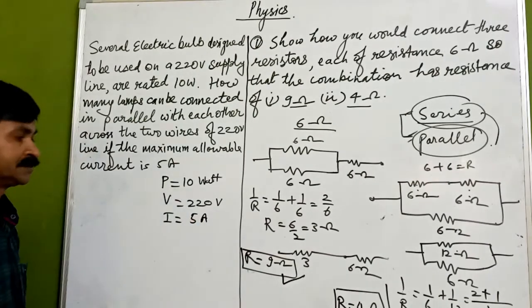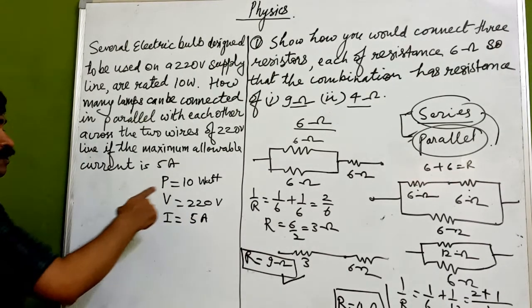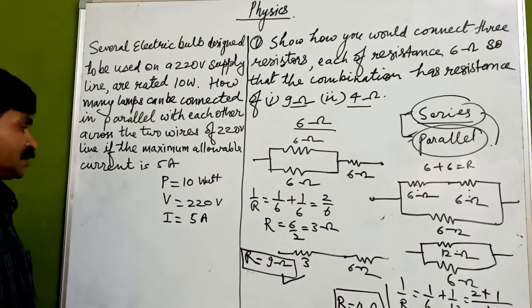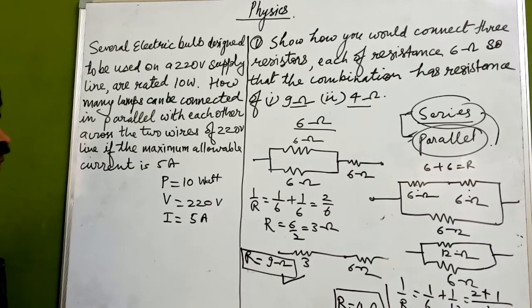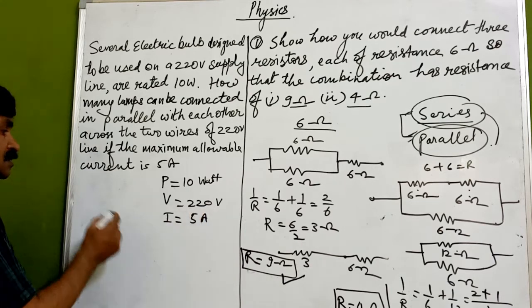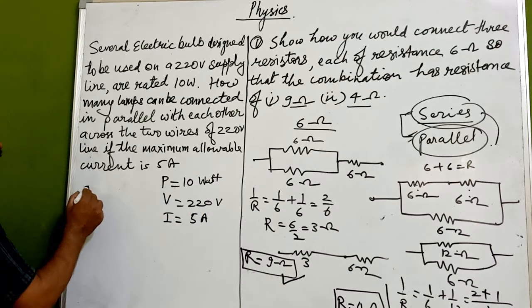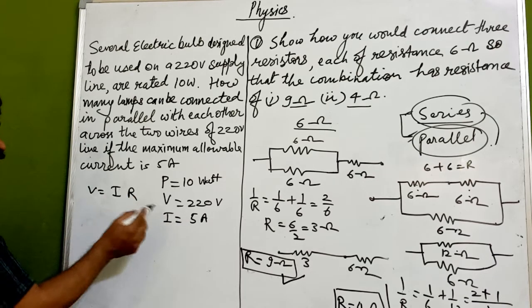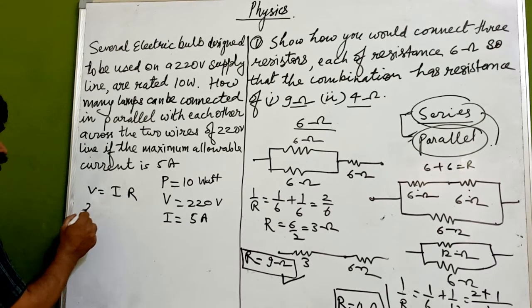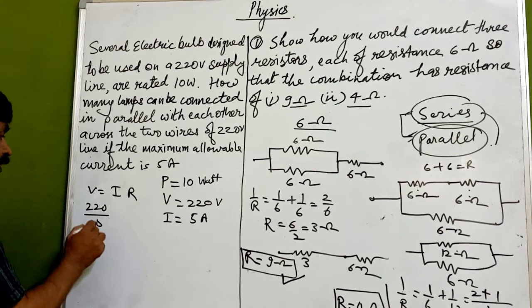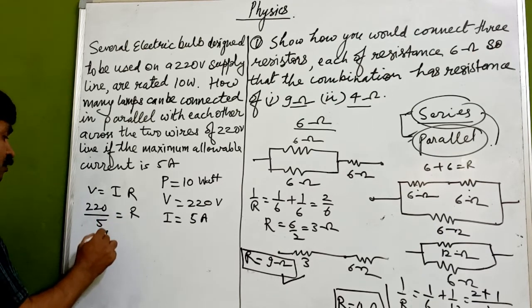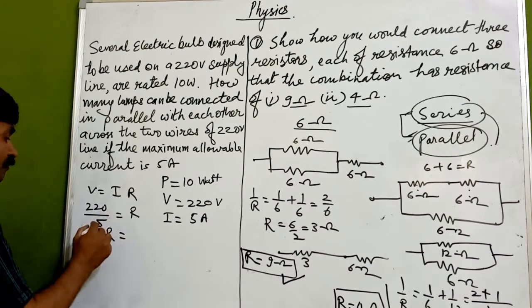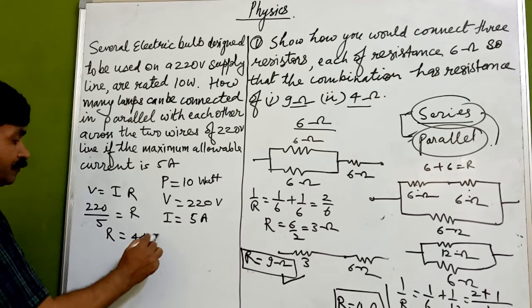Now if we want to calculate the resistance, V is equal to I into R. The resistance required: 220 divided by 5 is equal to R. So R which we are getting, 5 4s are 20, 44 ohm.